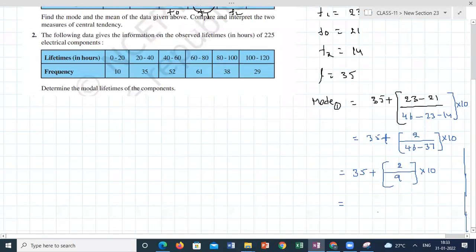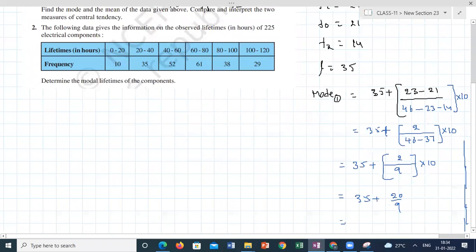So find out the answer. 35 plus 2 by 9 is how much? 20 by 9. What is the final answer? Students, please solve and let me know what is the final answer.